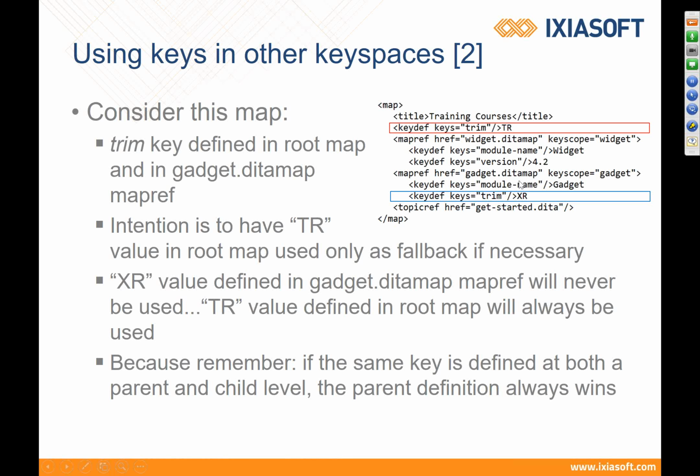But when I get down here, any topics in this map that use the trim key will use the value XR, because I do have a trim key defined there. But that's not what's going to happen. This key definition here at the root map is going to take precedence over any subsequent definitions at nested levels in this map. And so I will see trim defined as TR everywhere. So the fallback method does not work.